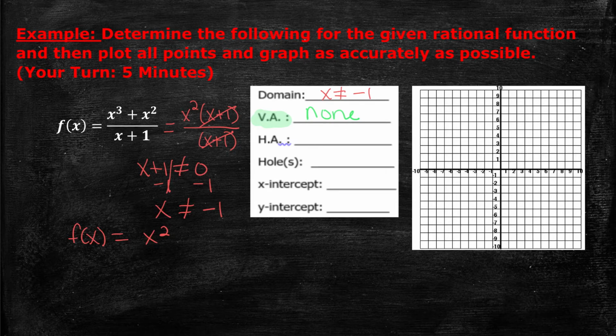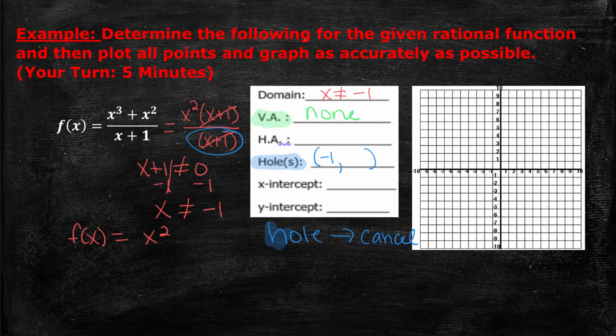Now, I'm going to go ahead and skip to the hole. The hole comes from what was canceled. Well, the x plus 1 was canceled, and so that means that I have a hole at the x value of negative 1.